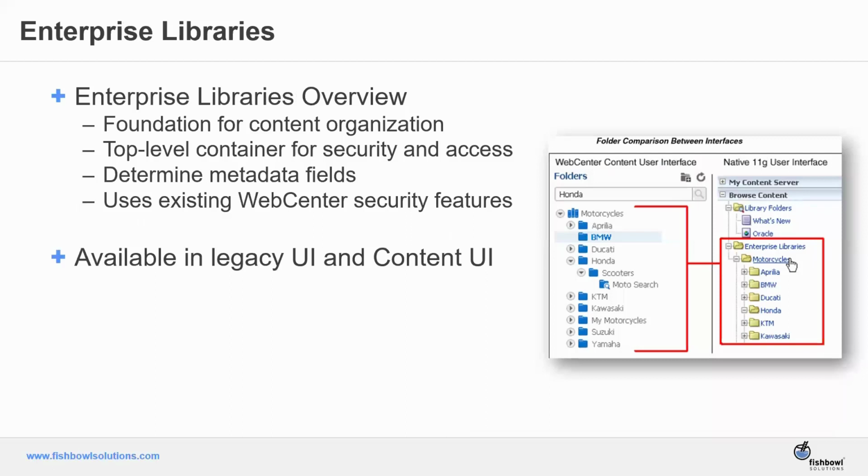You name a library, it could be, as shown in the screenshot, motorcycles, and then you create folders for different brands of motorcycles. What Jerry's going to show you today is that comparison between the WebCenter content interface and the native, more the 11G interface, and the different ways to utilize the folders, how to configure them, and so forth.